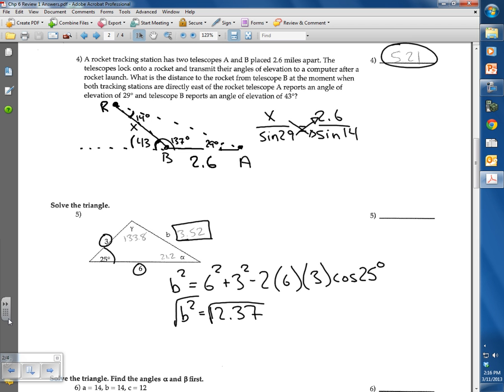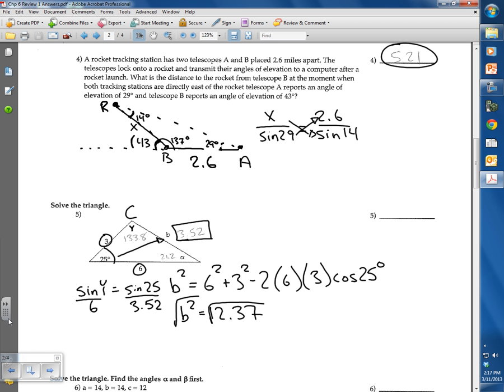At that point, we're set up to do law of sines for either of these remaining angles. Let's go after the biggest one here. Sine of C, this was side C over here. It's this gamma sine. Either one's fine. Sine gamma is equal to, we know that 25 is across from our new side here, 3.52, and sine gamma is across from 6, so we can cross multiply there.